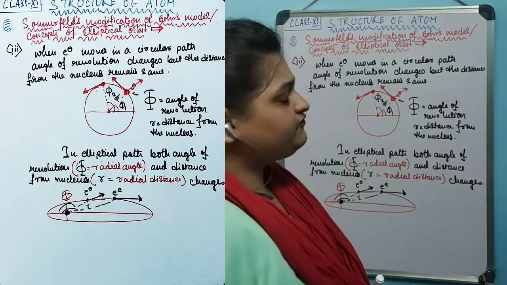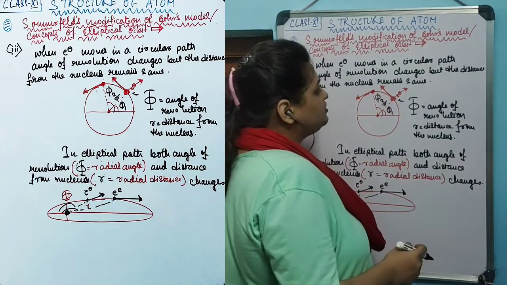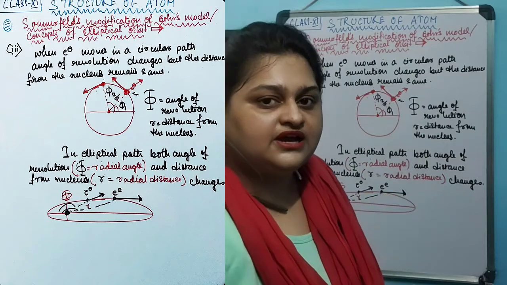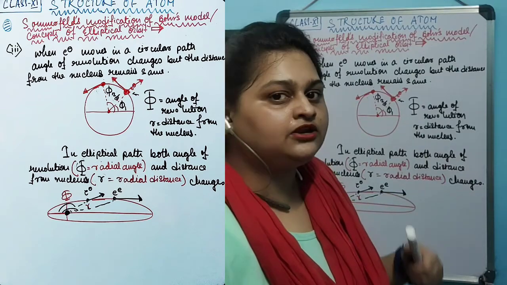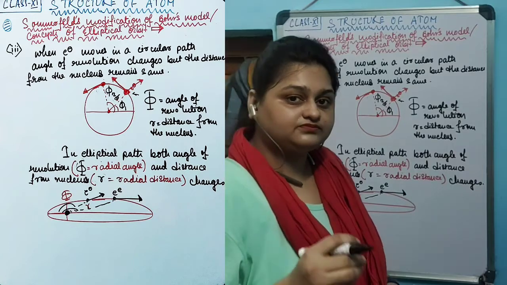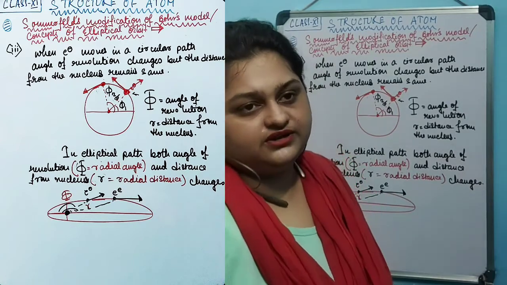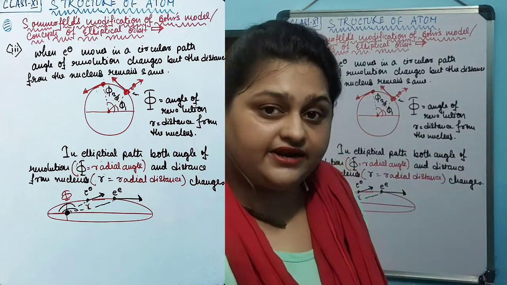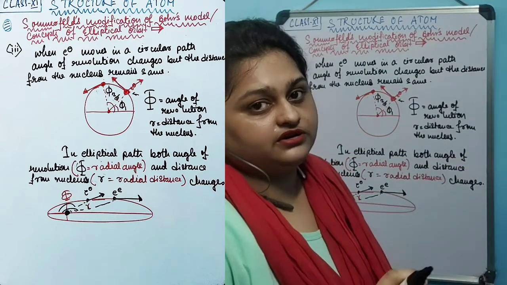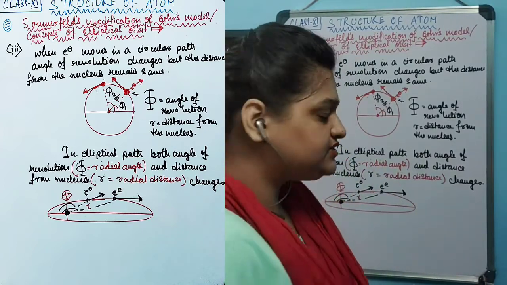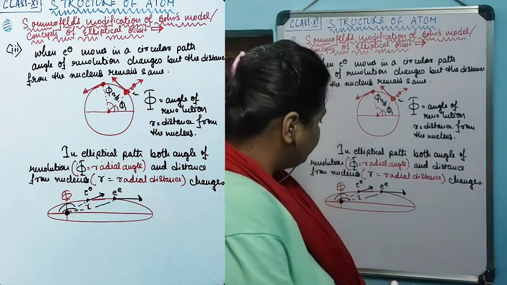So Sommerfeld said that when electrons are revolving around the positively charged nucleus in a circular orbit, the angle of revolution changes with time, but the distance from the nucleus, that is the radial distance, remains the same. That is not the case when the electron is revolving in an elliptical path.